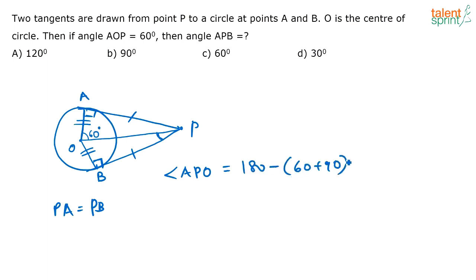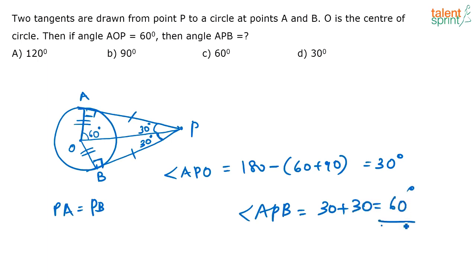That is equal to 30 degrees. So this is going to be 30 degrees. If this is 30 degrees, since these two triangles are congruent, this is also going to be 30 degrees. So what is this angle APB that you require? It's nothing but 30 plus 30, that is 60 degrees. So angle APB is equal to 30 plus 30, that is equal to 60 degrees.